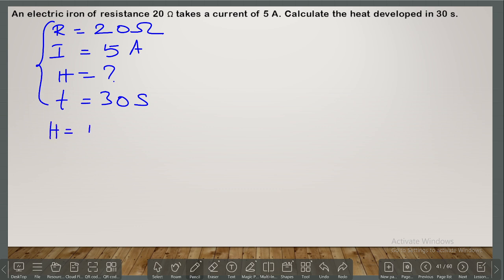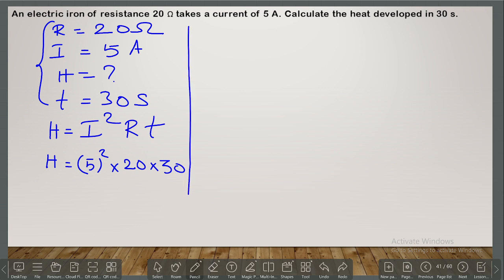H is equal to I square R T. H is equal to 5 whole square into R value 20 into T value 30. H is equal to 5 squared is 25 into 20 into 30.